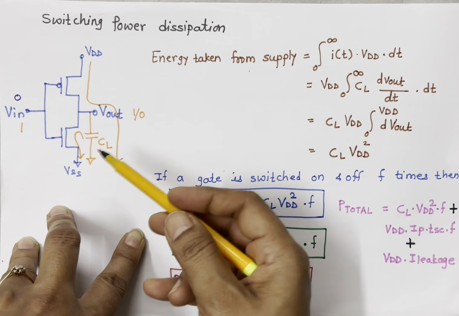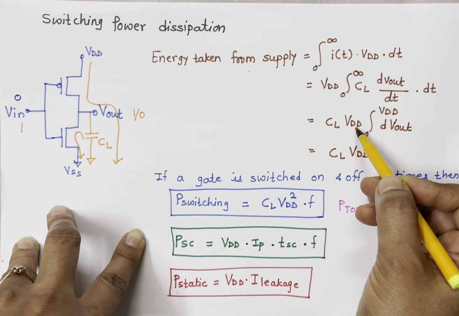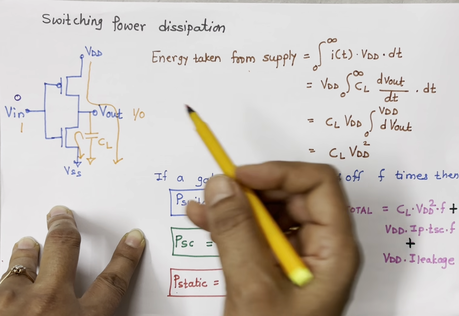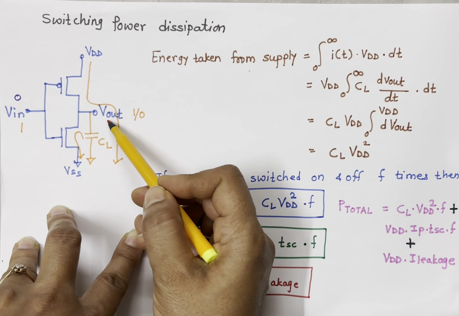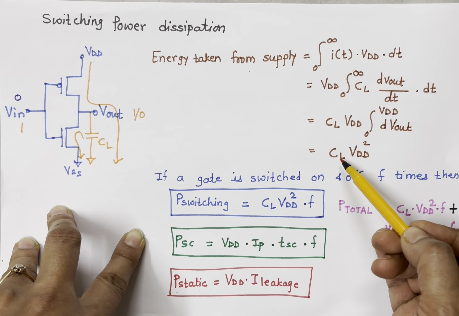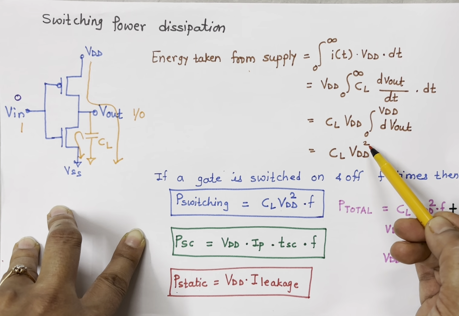CL is also fixed. So here CL into VDD, integral 0 to VDD, dVout, because the maximum value of output voltage can be VDD. So it becomes CL into VDD squared.